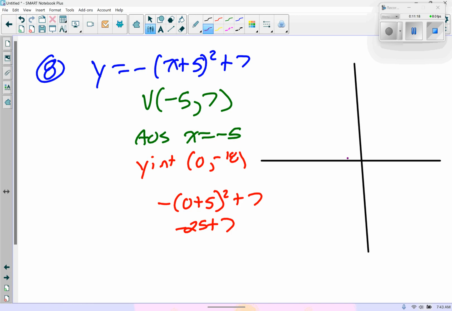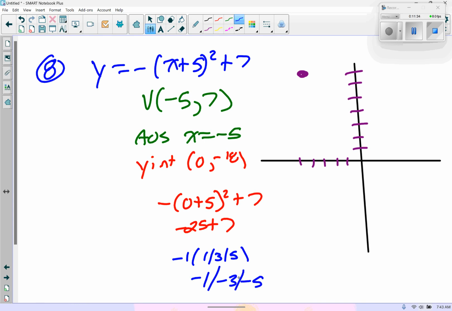All right, so I'm at negative 5, up 7, which is up here. My pattern graph is going to be negative 1 times 1, 3, 5, which is negative 1, negative 3, negative 5. So I'm going to go right 1, down 1, left 1, down 1, right 1, down 3, left 1, down 3, and it keeps going.